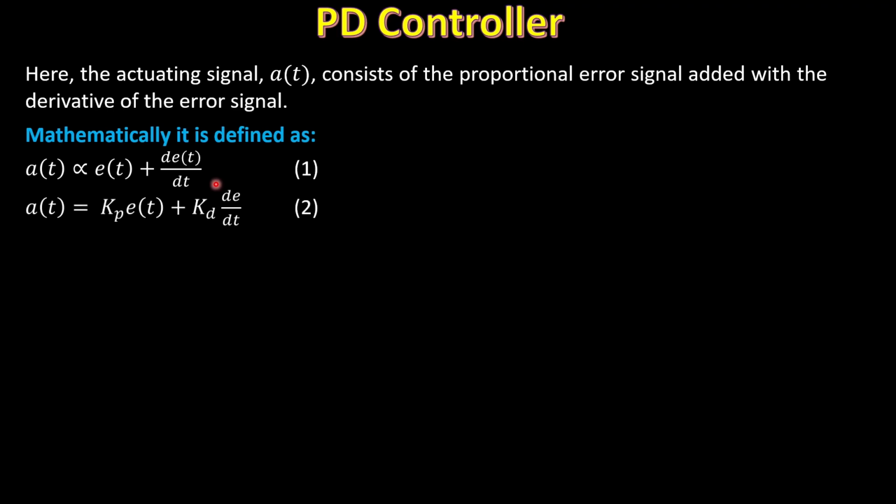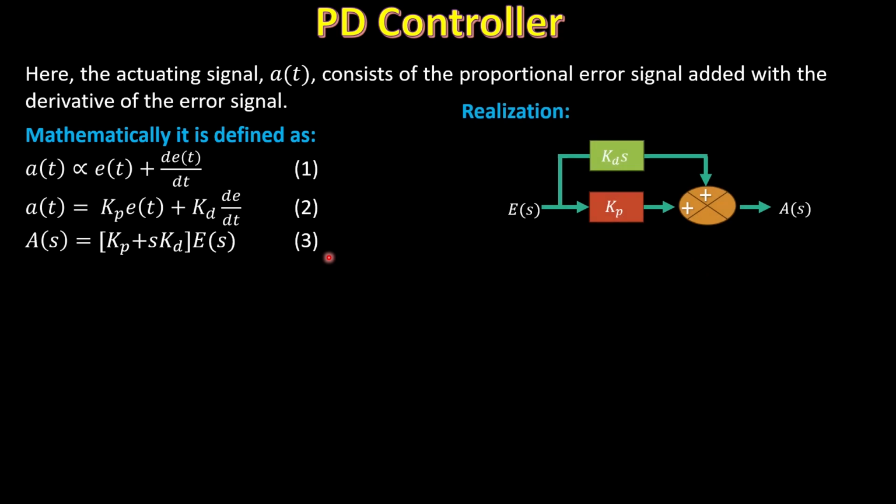So we can easily write equation number 2 by introducing a new constant called the derivative constant Kd. After taking the Laplace transformation, we can write equation number 3, and we can easily realize this equation 3 because the actuating signal is the sum of these two signals. So the actuating signal is the sum of Kp into E(s) plus s Kd into E(s). This is how it looks.